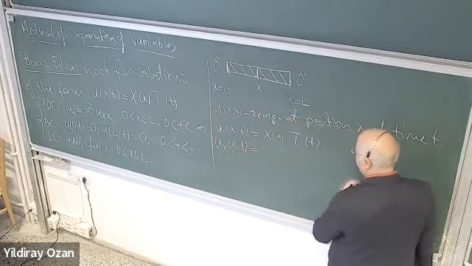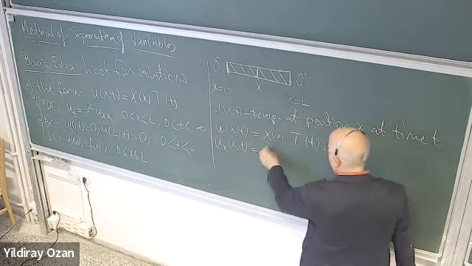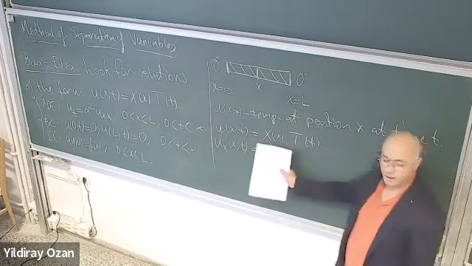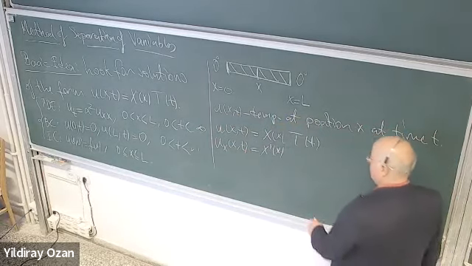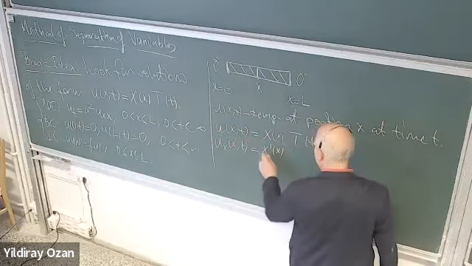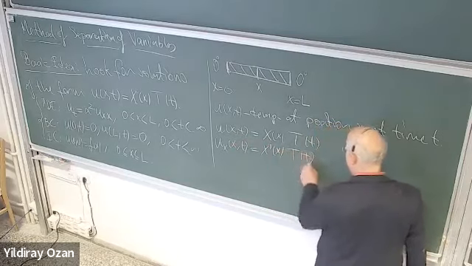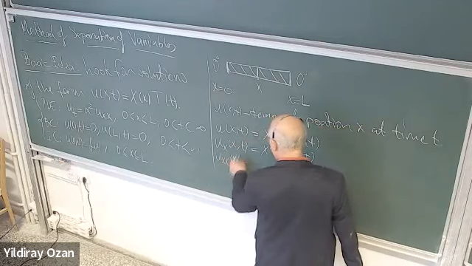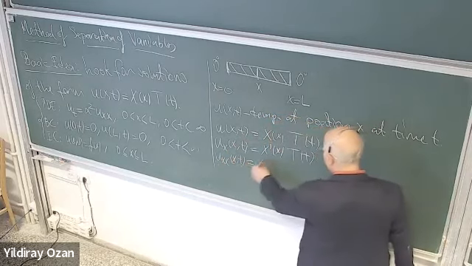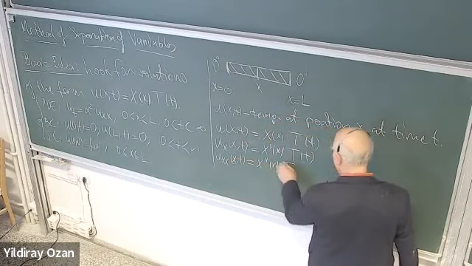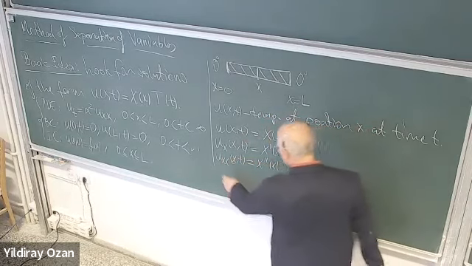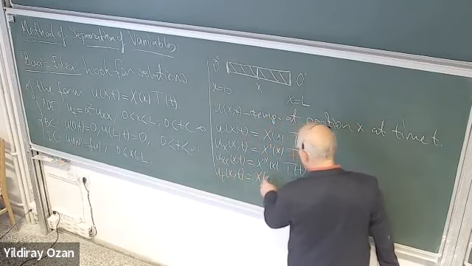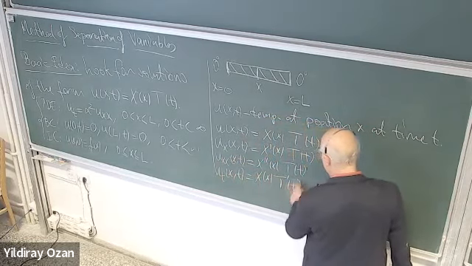Well, the x derivative of this is just the x derivative of this function, and we write just X prime because it's a single variable function. So u_x is just X prime times T. What about the second derivative with respect to x? Well, I'll take the derivative one more time, so it is X double prime times T. And then u_t(x,t) is just X(x) times T prime(t).